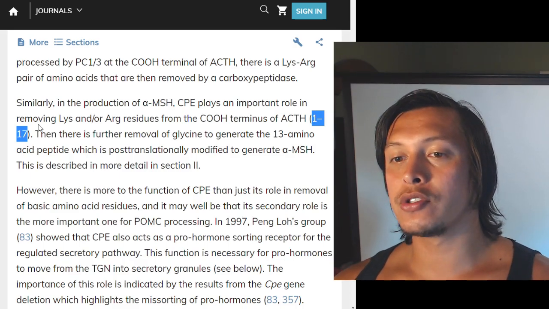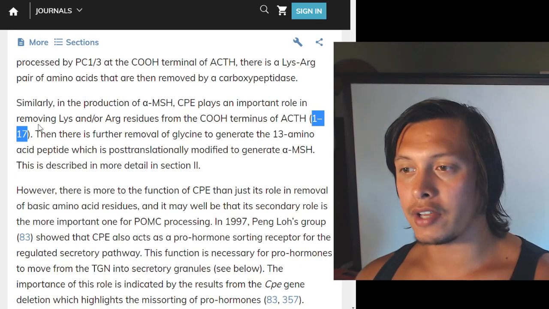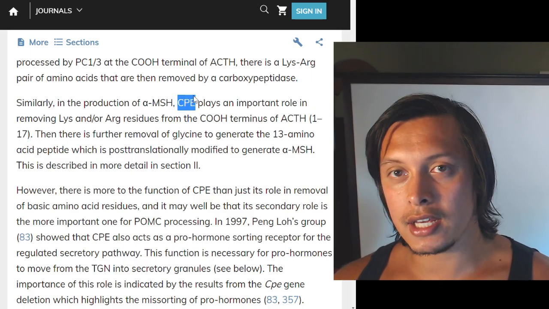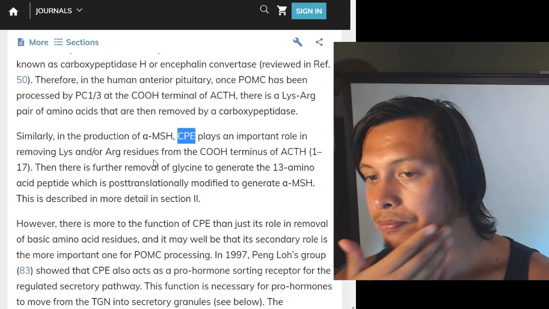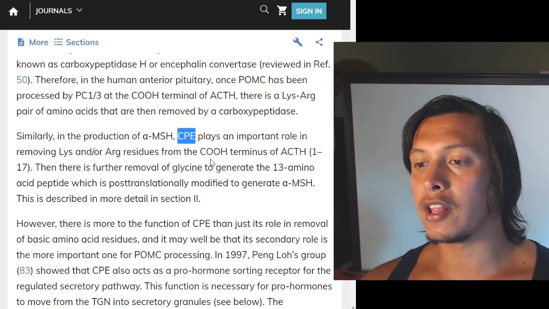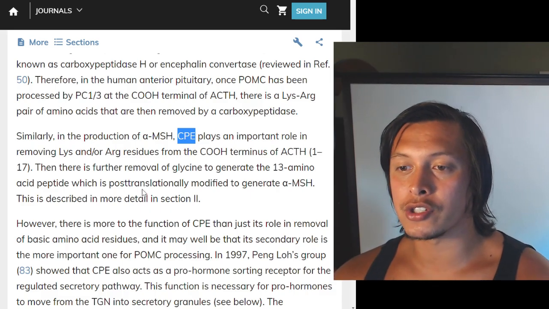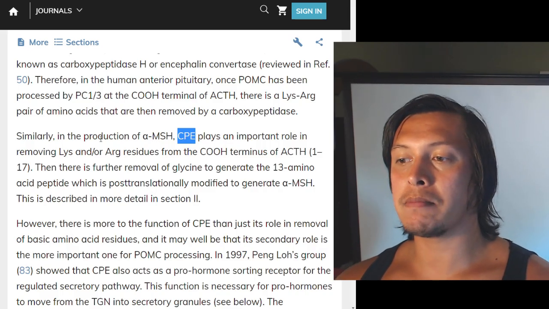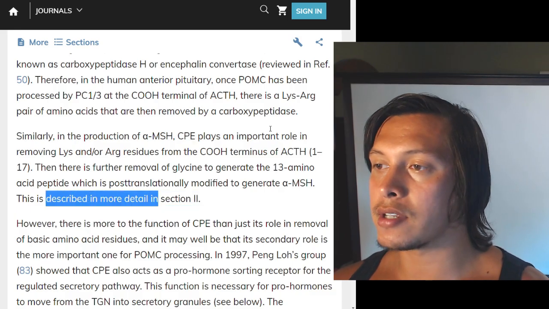Those lysine and/or arginine residues at the very end of that other cleavage site can be processed by CPE, which is carboxypeptidase E. Then there is further removal of glycine to generate the 13 amino acid peptide, which is post-translationally modified to generate alpha melanocyte stimulating hormone. And this is described in more detail in section 2.